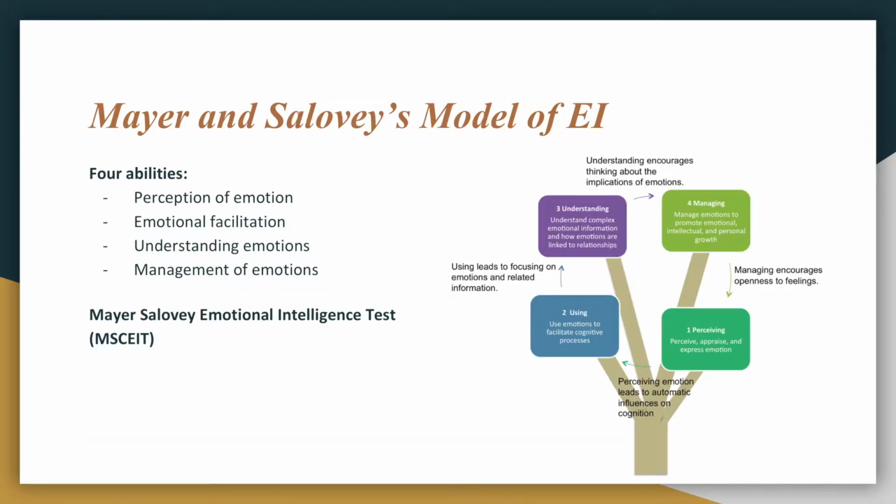This model's main idea is a proposition that emotional intelligence is a cognitive ability that is separate and associated to the general intelligence of an individual at the same time.